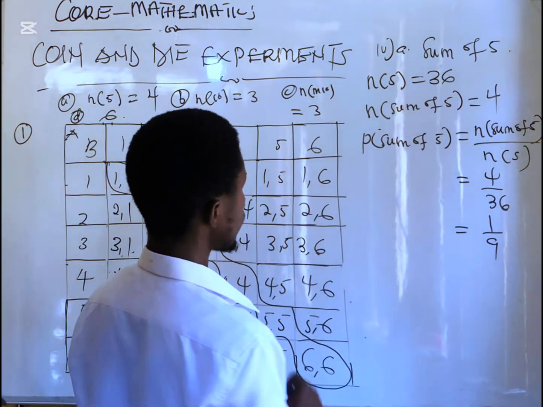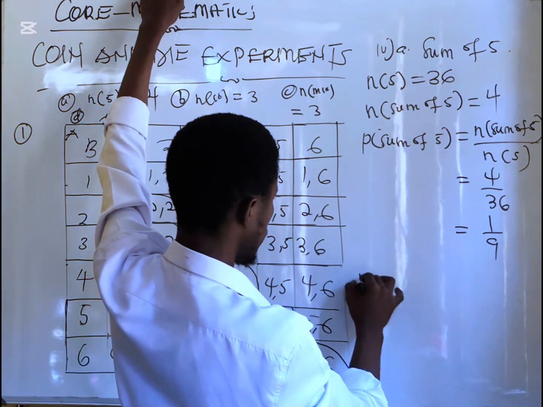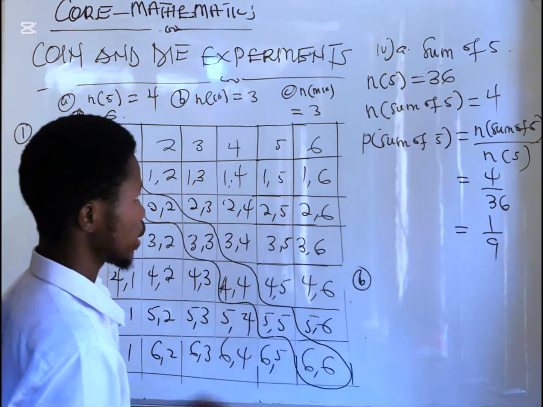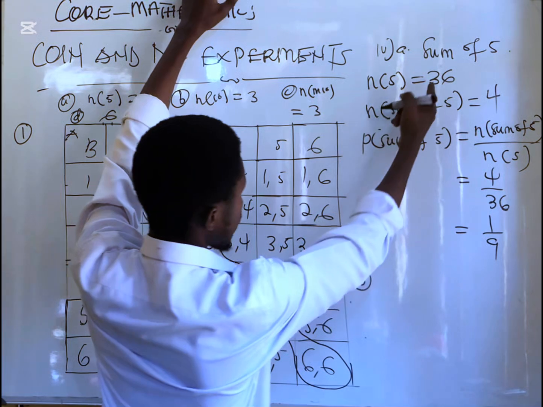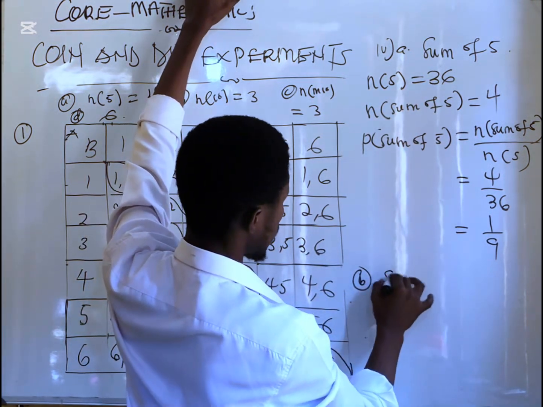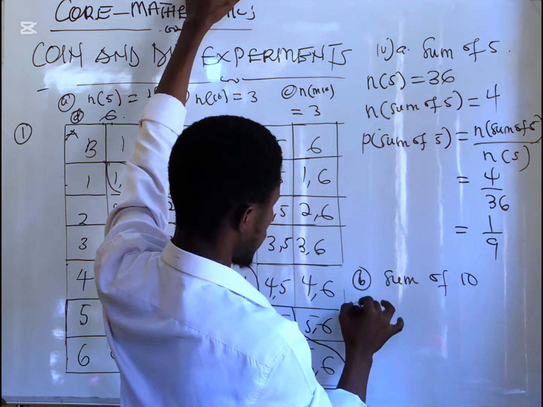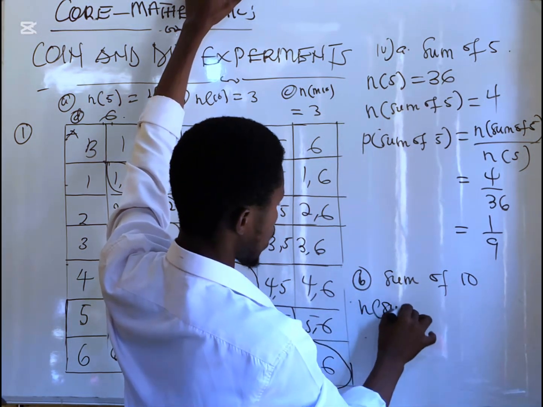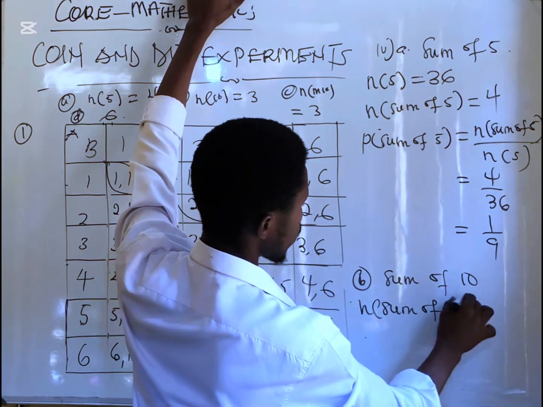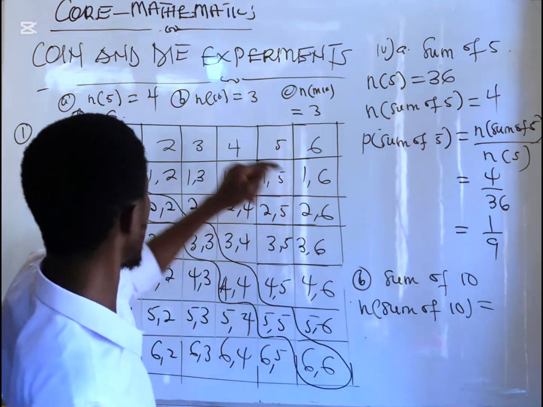Okay, so now we move to IVB, sum of 10. Alright, you know the sample space to be 36, so we want a sum of 10. Means that the number of events of obtaining a sum of 10 is going to be, already done that, we had 3.